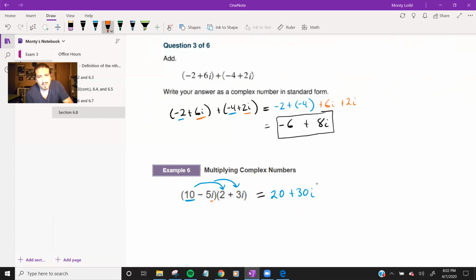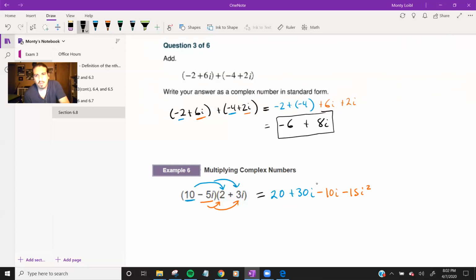In a similar manner, we'll take our negative 5i and we'll distribute to our 2 and positive 3i. So we get a negative 10i. Now here, it's a little interesting. I think it would be best to show it: negative 15i squared. Everyone okay with that?